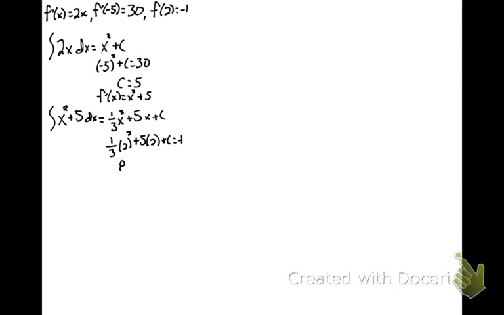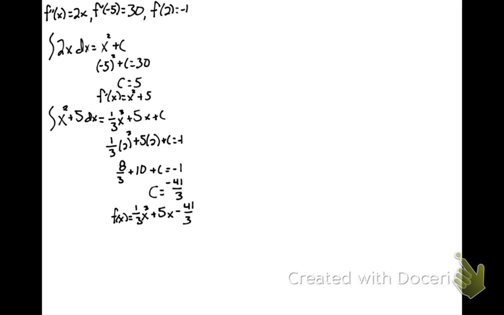So, let's see, 8/3 plus 10 plus c should equal negative 1. That's an interesting number. This means that c will equal negative 41/3. So my original function and the solution to this problem should be 1/3 x cubed plus 5x minus 41 over 3.